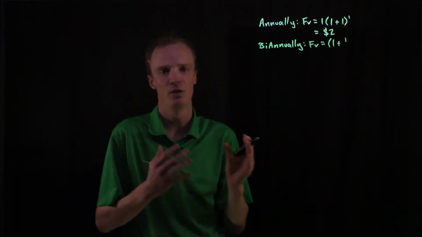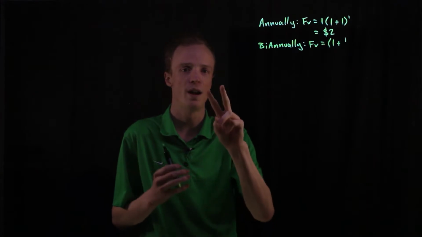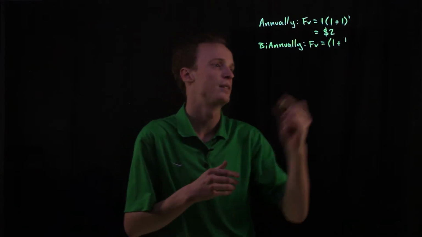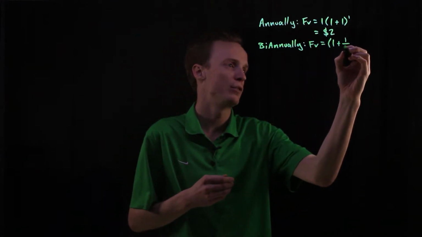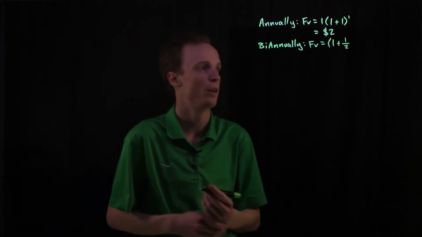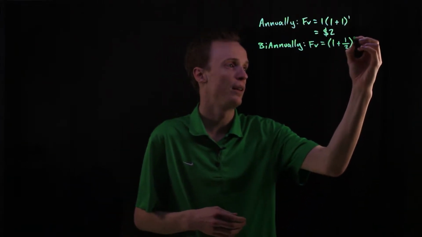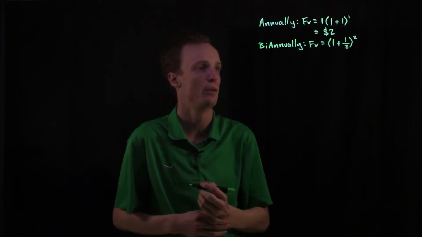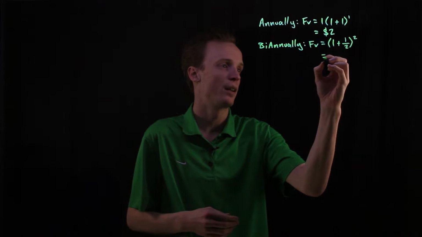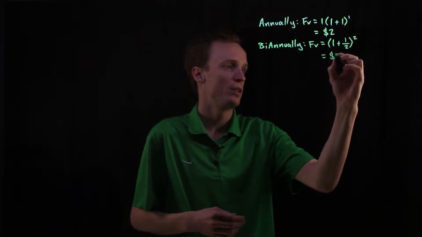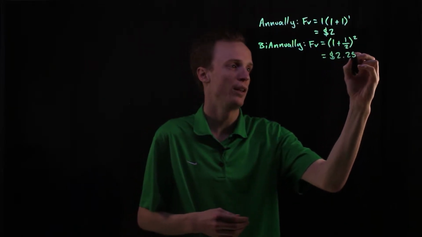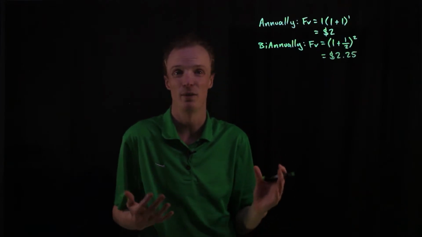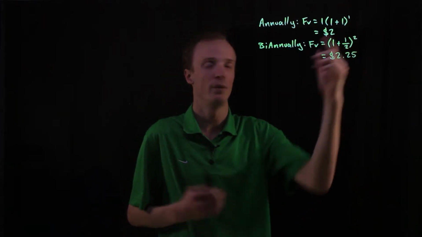But this time the interest rate's getting divided up twice per year. It's getting applied twice per year. So we'll have to divide up our interest rate into the twice that it's getting applied. And then of course it needs to be raised to the number of times it's going to compound, so to the power of 2. And if I put this into my calculator, I'll find that I'll get a return of $2.25. Which is fantastic. That's 25 cents more than what I got previously.